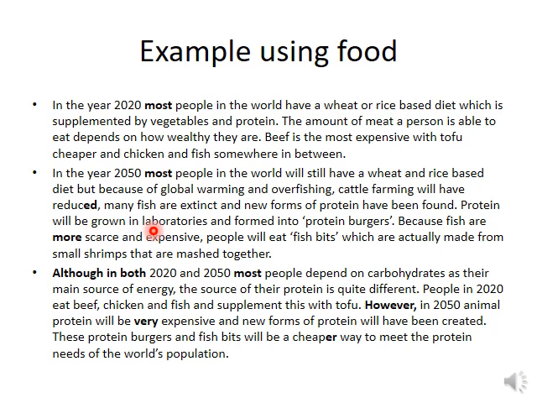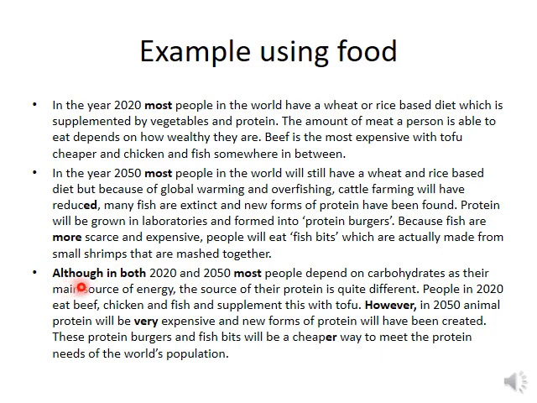Protein will be grown in laboratories and formed into protein burgers. Well, that sounds disgusting. Because fish are more scarce, there's less of them, and they're more expensive, people will eat fish bits, which are actually made from small shrimps that are mashed together. It really does sound disgusting.